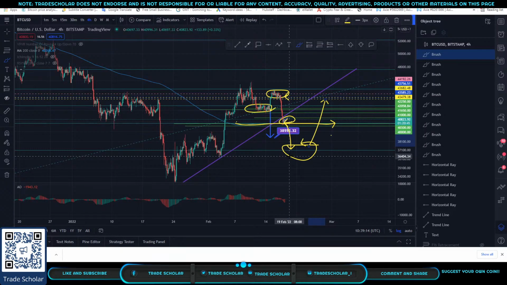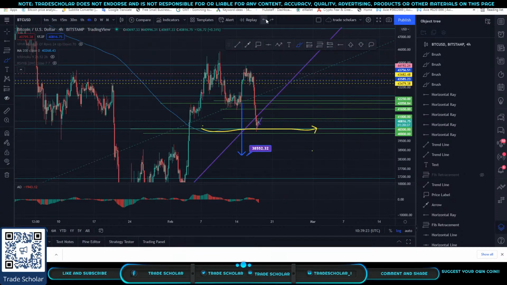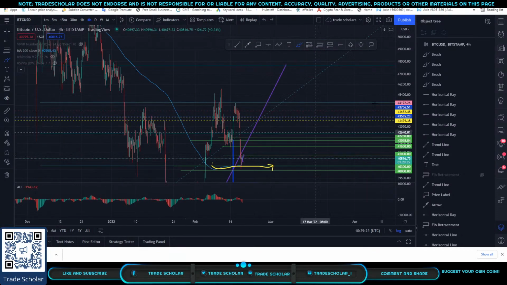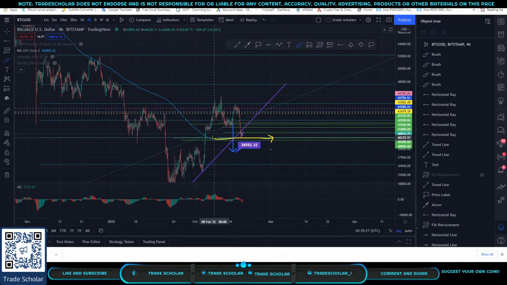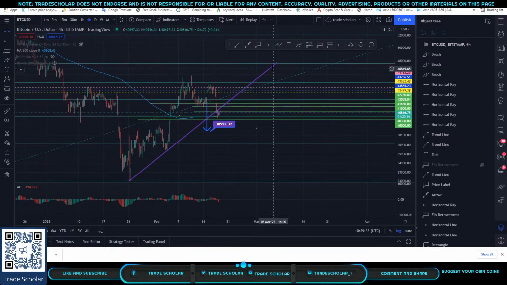If we already found this area, if you look at this one, this looks like a, let me encircle this one so you know what I'm talking about. Here. Look at this one here.